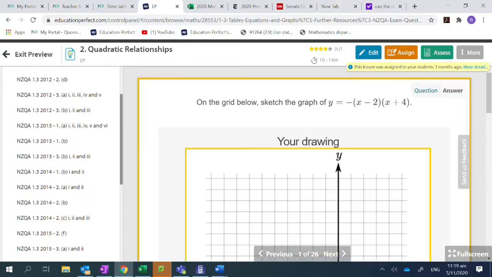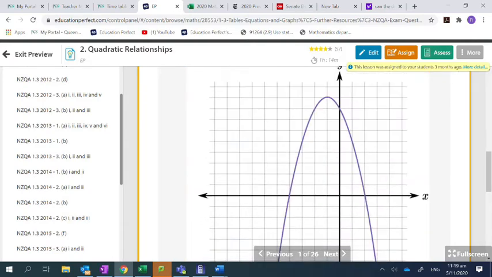Okay? Now, again, they used a computer to do theirs. We know where the turning point is going to be because it's halfway between those values. So it's 1, 2, 3, 4, 5, 6 units across. So halfway between that is where it's going to be. Now again, it doesn't matter.